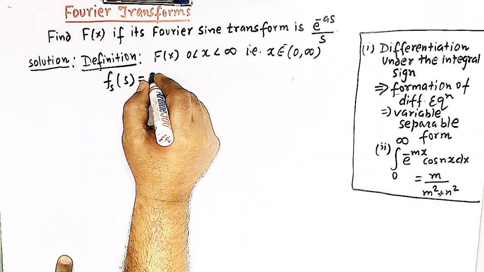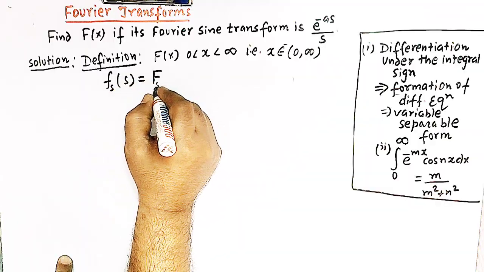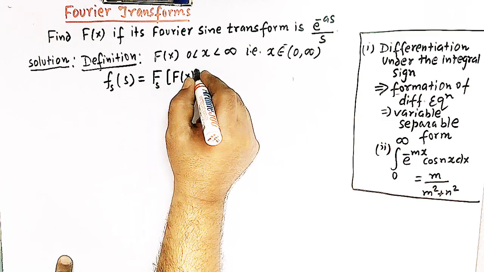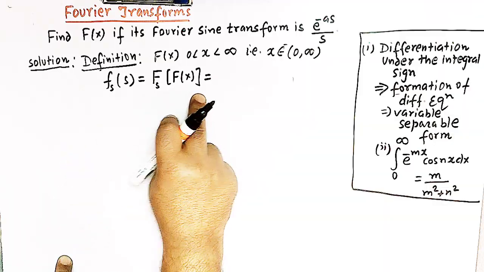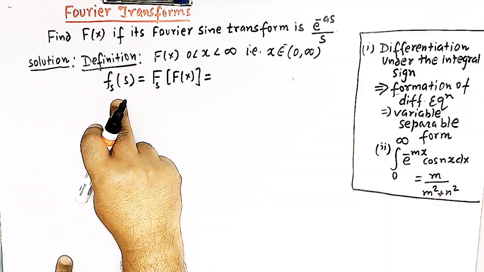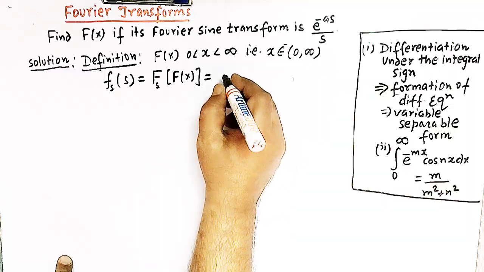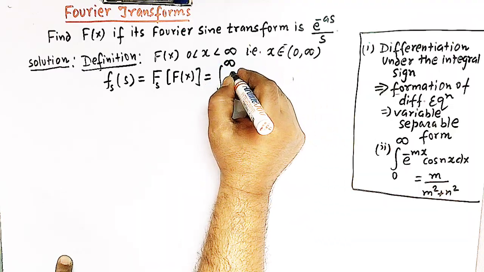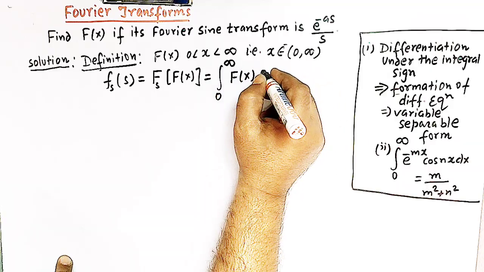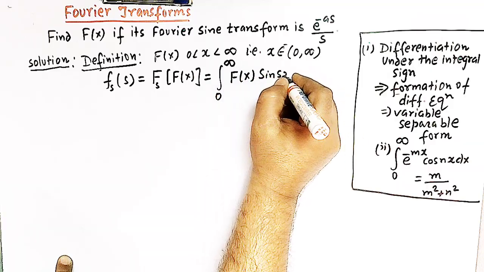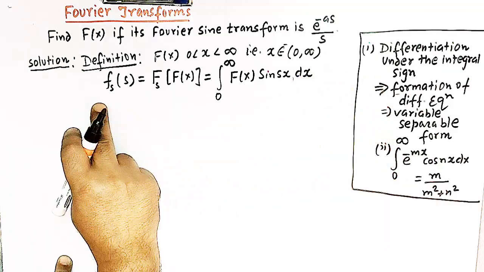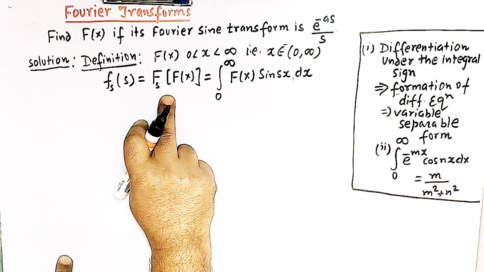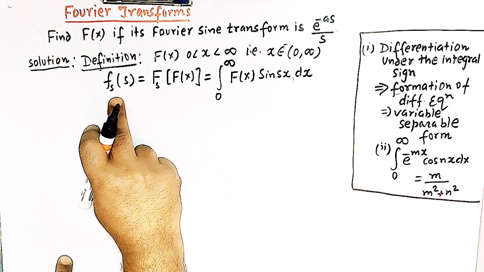In the usual notation, it is given by the integral from 0 to infinity of f of x sine s times x dx.